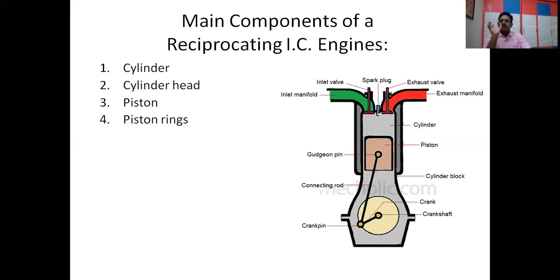The piston rings are provided to keep it leak proof, so whatever gases are inside the cylinder will not come out, and the fuel will not leak into the crank casing or damage the crank. So piston rings are very important.